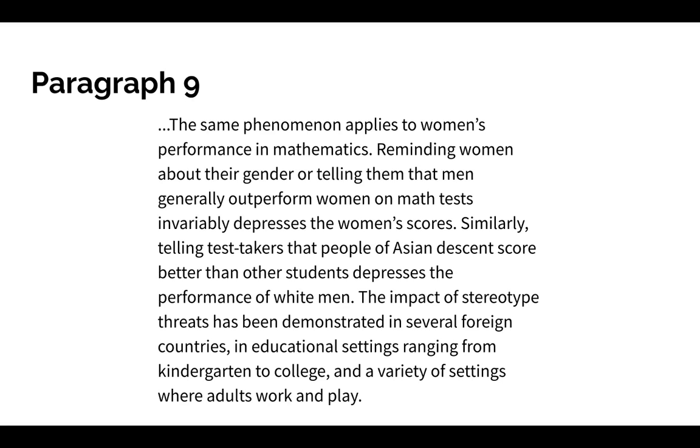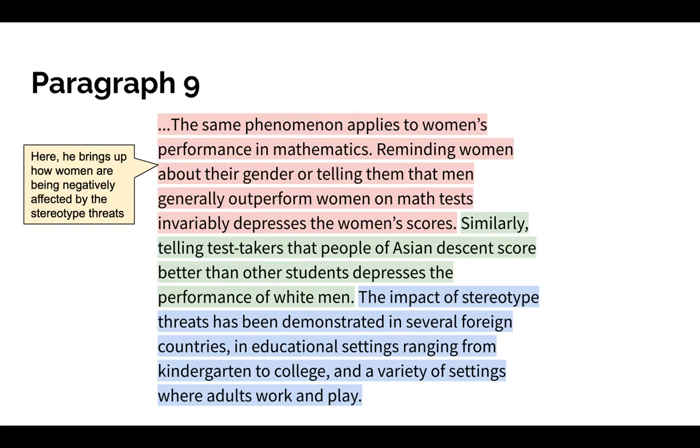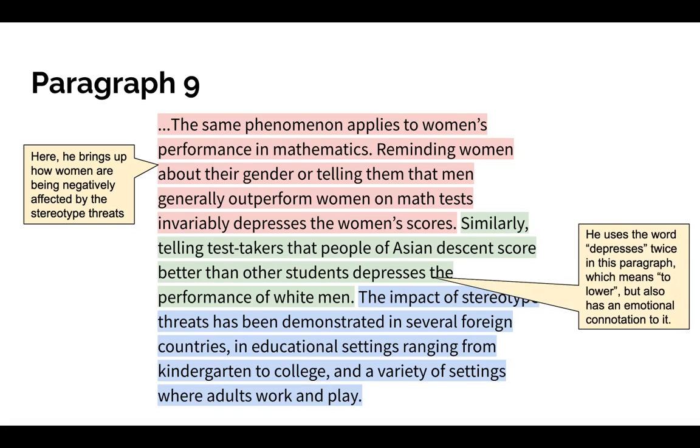Now let's examine the reasoning behind this paragraph. To begin with, he brings up how women are being negatively affected by the stereotype threats. He also uses the word depresses twice, which means to lower the degree of something. But the word depresses also has an emotional connotation to it.